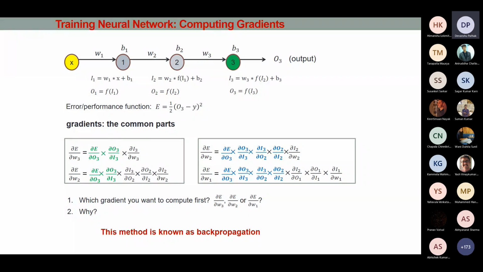So there are three actually, right? In del E del W1 there are three derivatives involving the activation functions. So you agree or you disagree? Anybody who disagrees, feel free to tell.